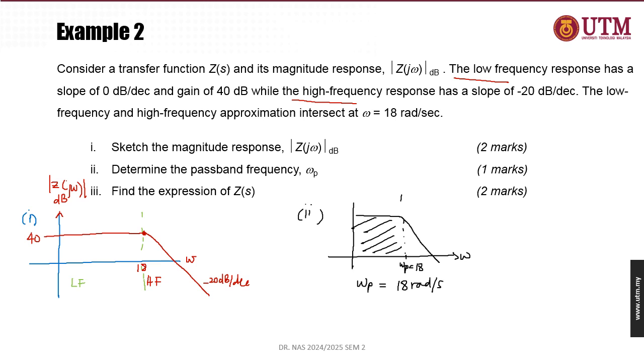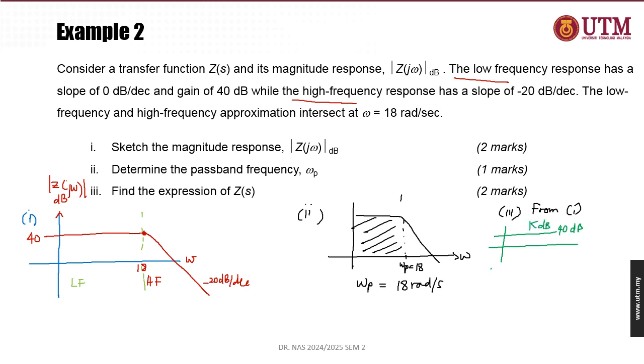So find the expression of Z(s). Okay, so from the plot, you can deduce the components. So the first one, you have the straight line. Okay, for the straight line, we know it is a constant. Okay, 40 dB line. This is the constant K in dB.